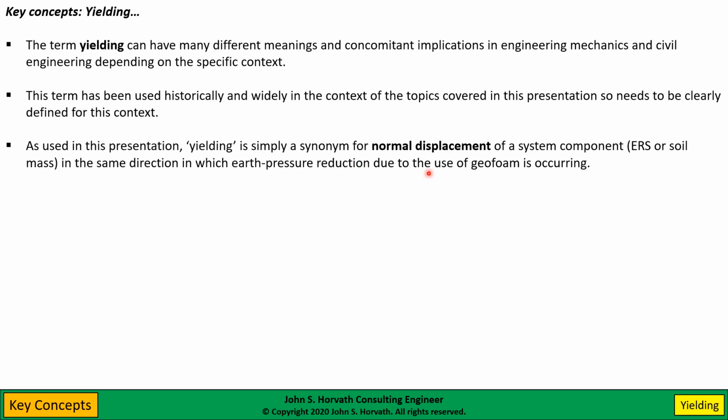So it's either going to be lateral or it's going to be vertical. As an aside, I wish that decades ago when people started using the term yielding, they had simply used displacement. It would have avoided, I think, some confusion. But it is what it is. We can't change what is already out there in the literature, so we simply have to understand what the word yielding means.